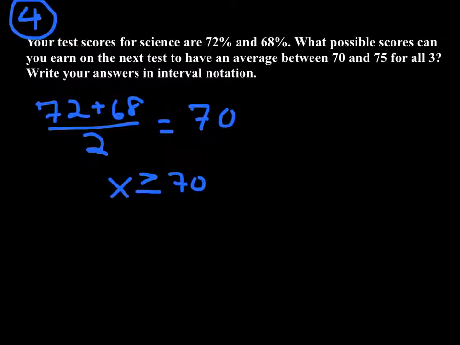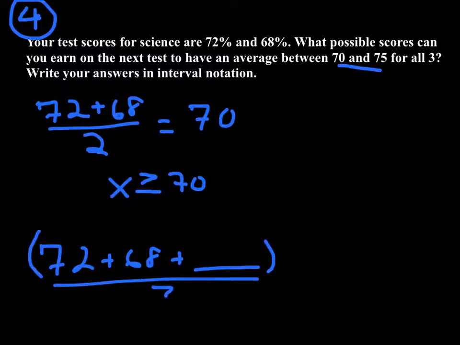But then we also want to score between 70 and 75. Okay, so we want that to be our average. So to figure that out, we have to do this. We have to go 72 plus 68 plus, we don't know, I'm going to call it blank, and I'm going to put that in parentheses. Divided by 3 to get the average has to be equal to 75.